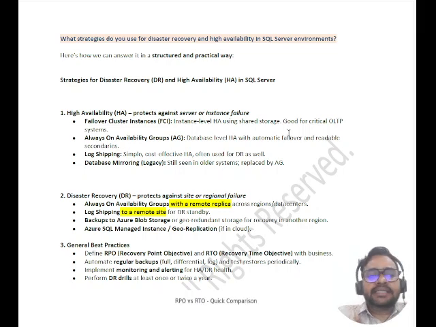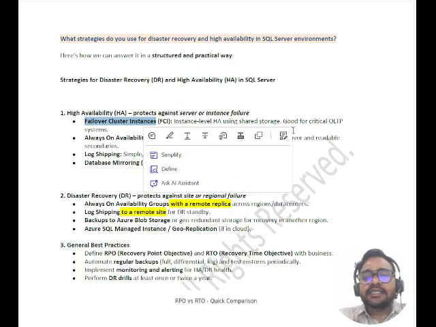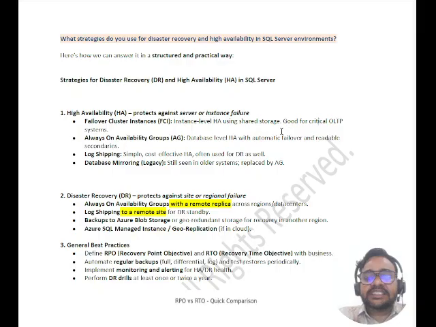Here it is clearly mentioned that high availability protects against server or instance level failure. The features we can use for high availability: failover cluster instances, which work using shared storage. It is good for critical OLTP systems, online transaction processing.